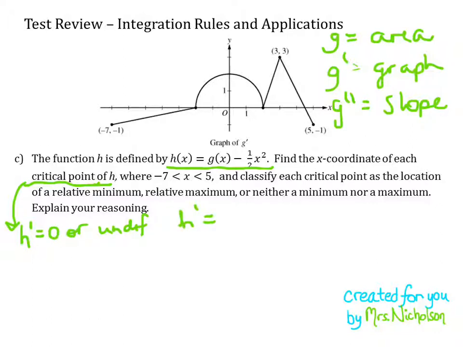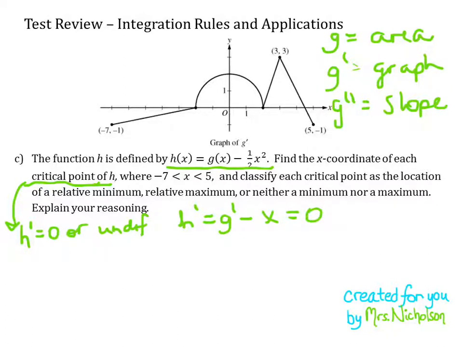If h is equal to g minus 1/2 x squared, then h prime is going to be g prime minus, and the derivative of 1/2 x squared would just be x. And I want to take this derivative and set it equal to 0.